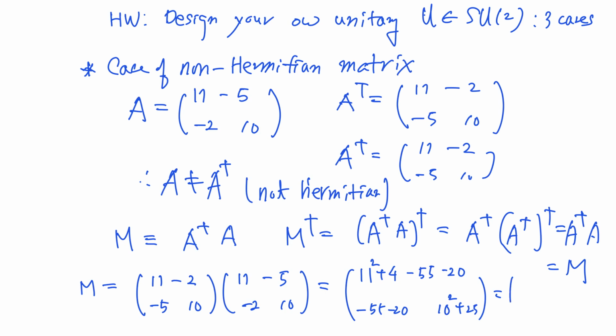So that is 125, minus 75. This matrix we just covered previously, right? And M is obviously Hermitian.